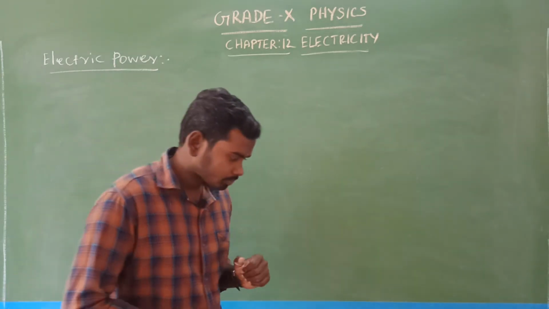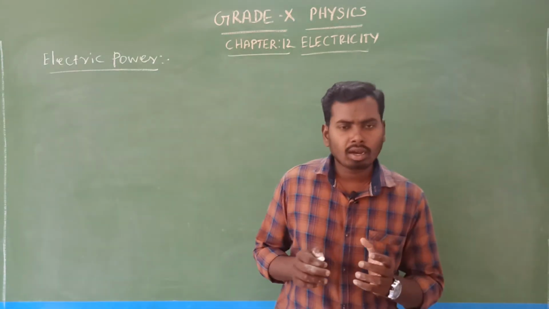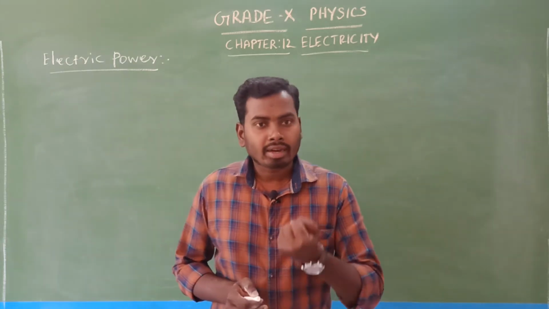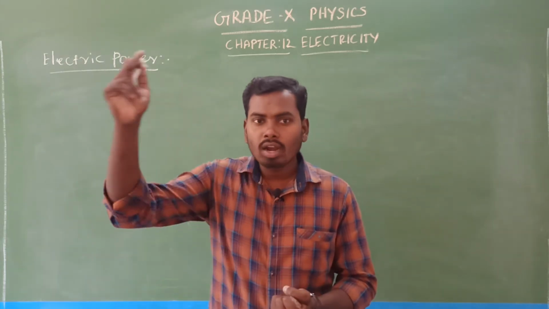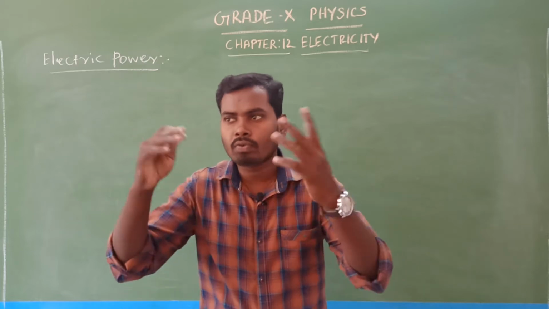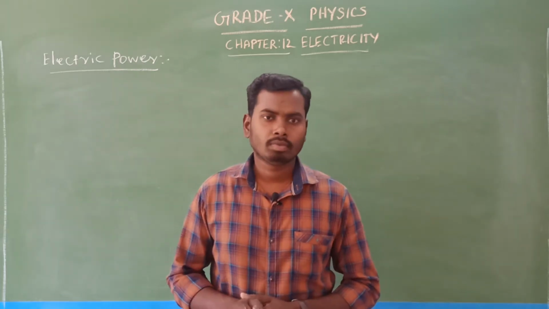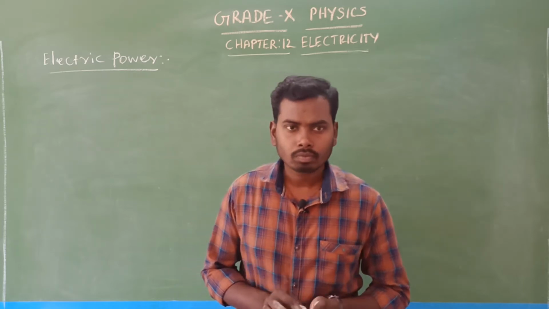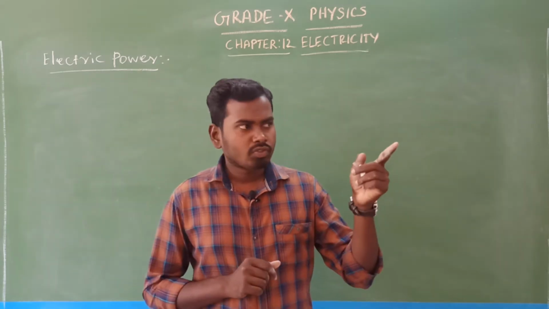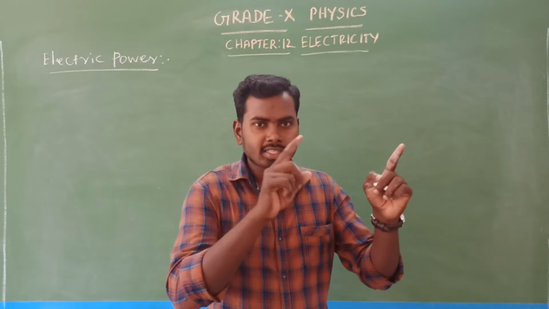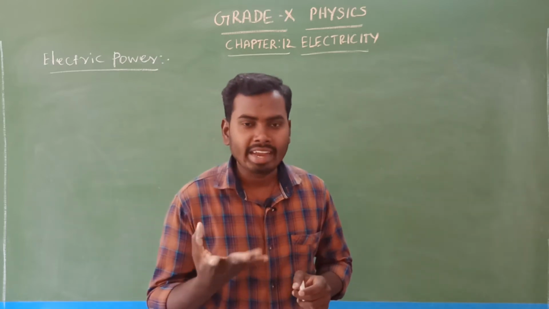These electrical appliances consume, note this point, the electrical energy and convert it into different forms of energy. For example, if we switch on the electric bulb, the electrical energy gets converted into light energy.